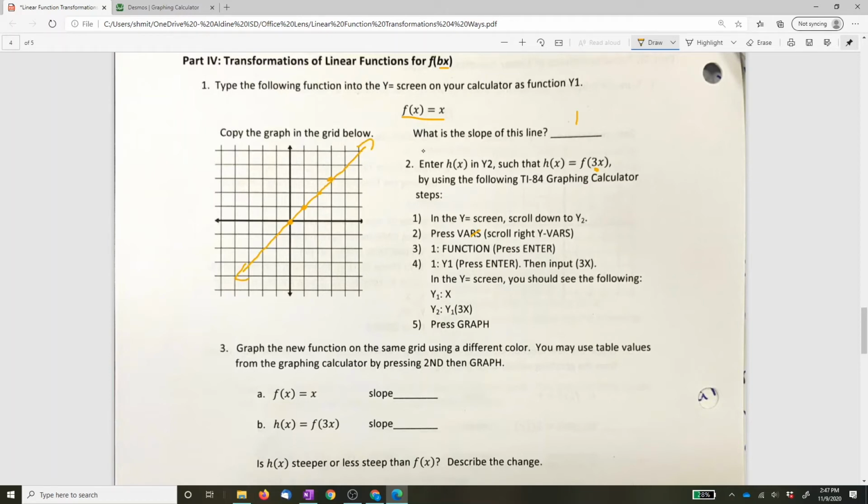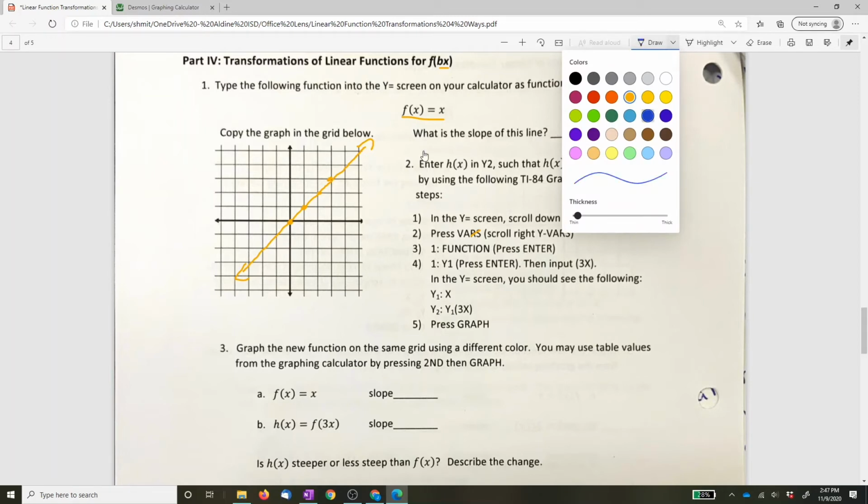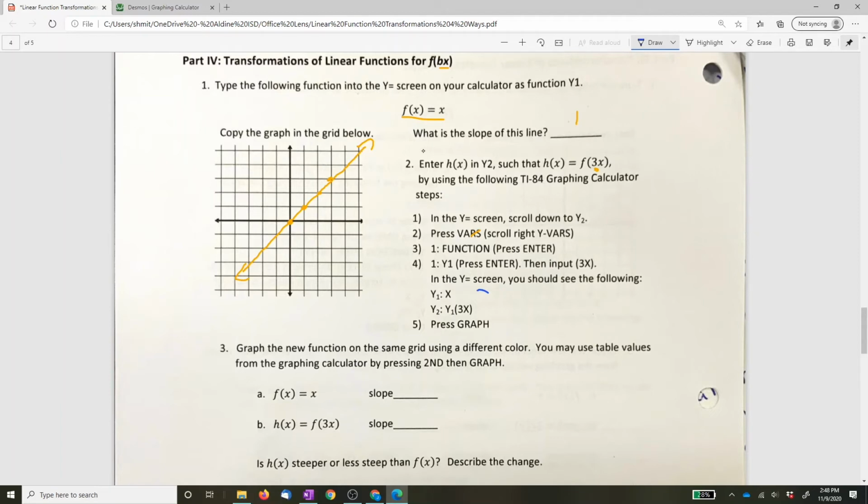And then the new graph is going to go with 2 with 6. 1, 2, 3, 4, 5, 6. Yes. And it's also going to go through the origin. Boom. Something like that.